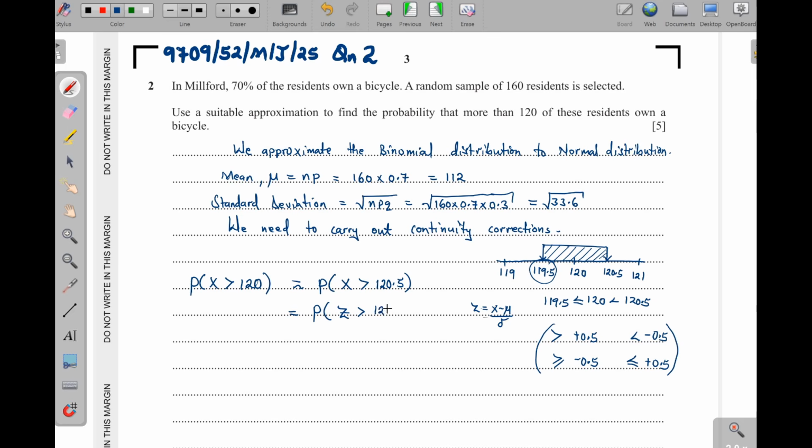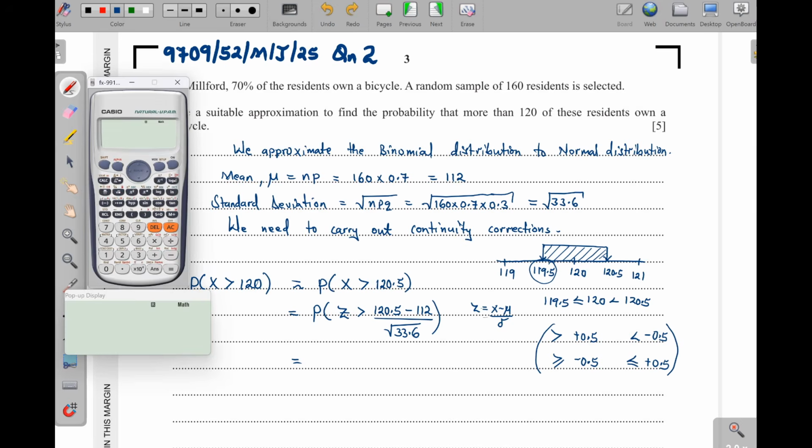So we have x as this one here, minus the mean, which we have calculated here as 112. Then we divide by the standard deviation, root of 33.6. Okay, and then from here, I can put everything in the calculator. So if you have such a calculator, you can press mode, then you go to 3, that is where there is stat, 3, and then from there you press SC.